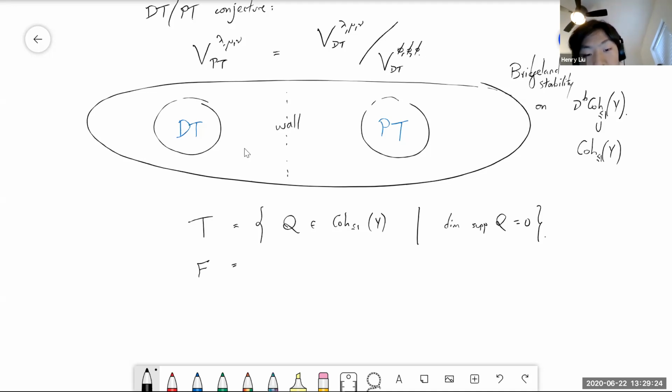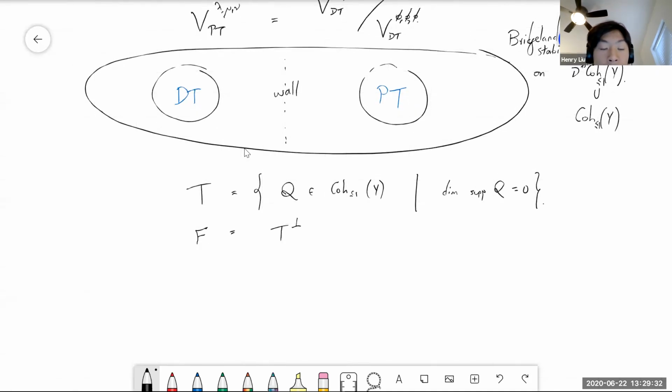And there's a procedure by which you can tilt the heart of your category with respect to this subcategory that you've picked. And what is the tilt?